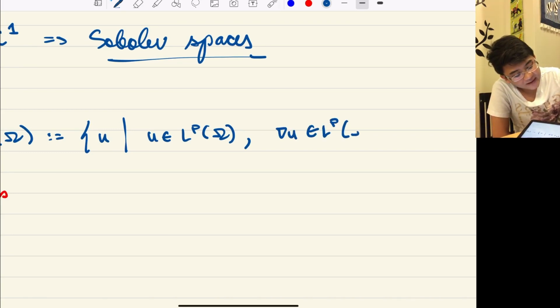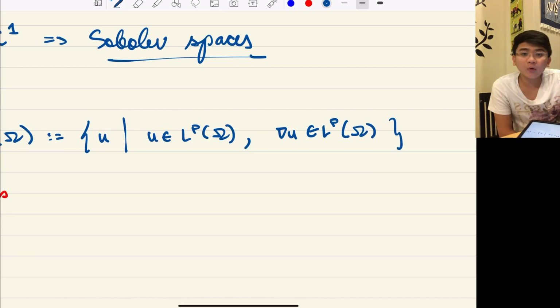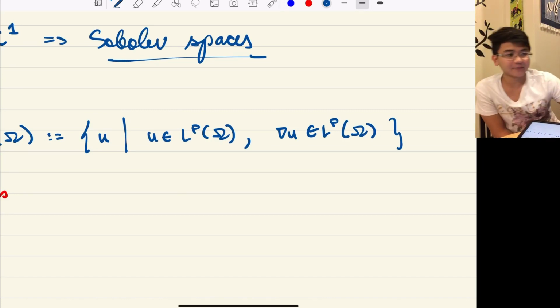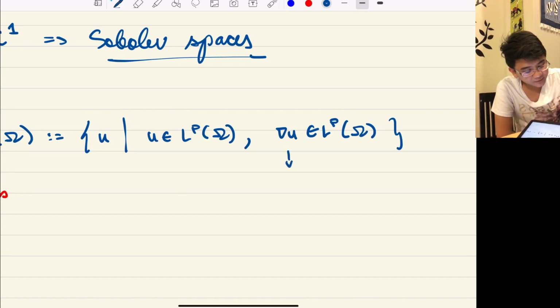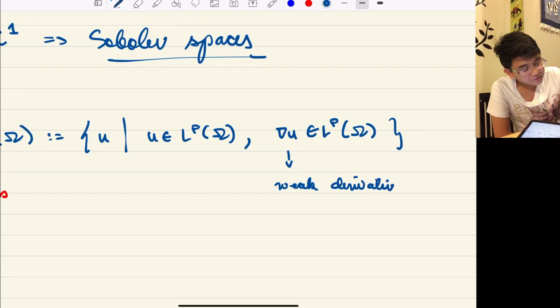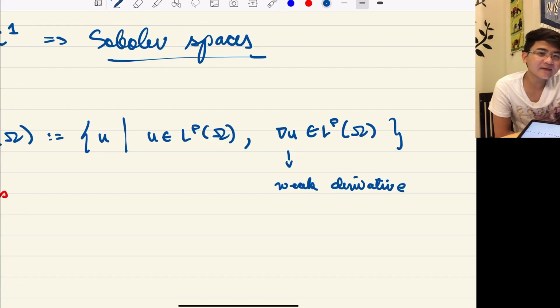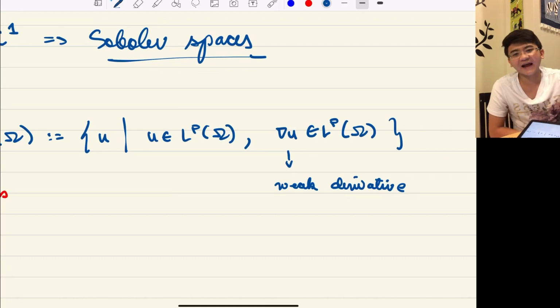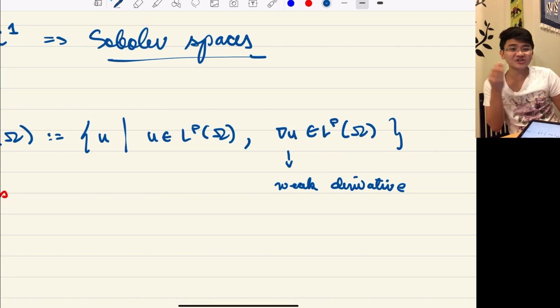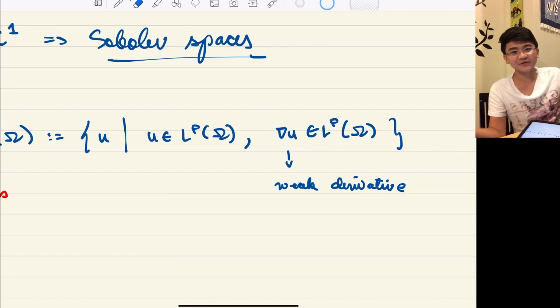What that means is that all components of grad u are also in L^p, and these are to be interpreted in the weak derivative sense. We were asking before, when does a weak derivative have an L^p representation? So we're calling the set of functions for which that is true the Sobolev space. The answer to that is okay.